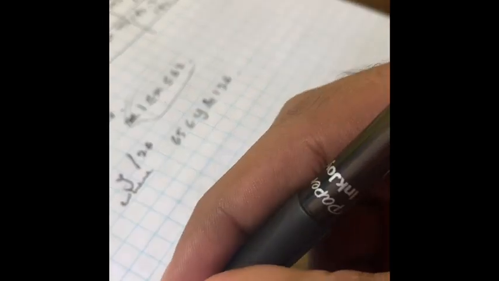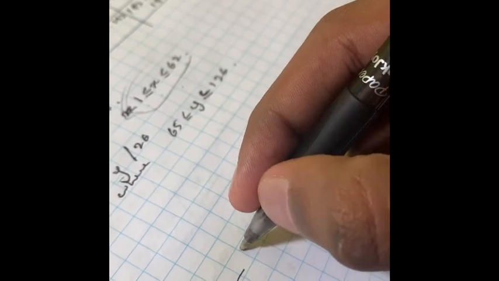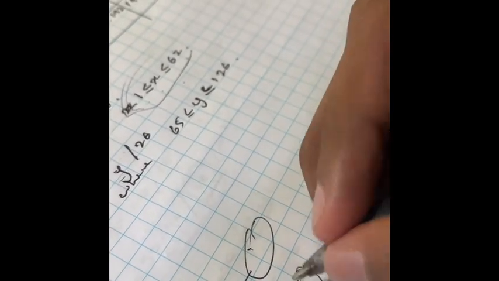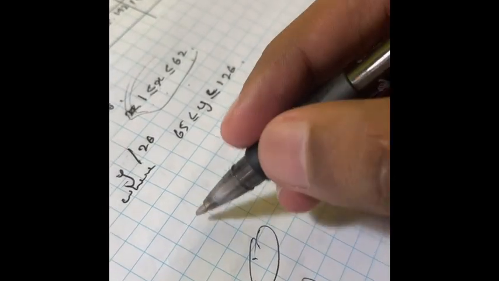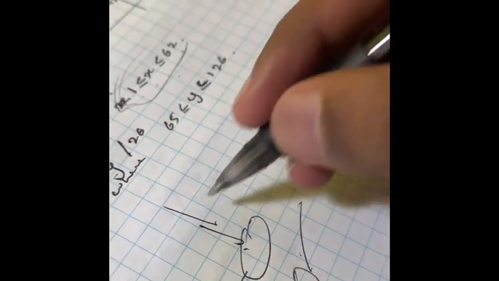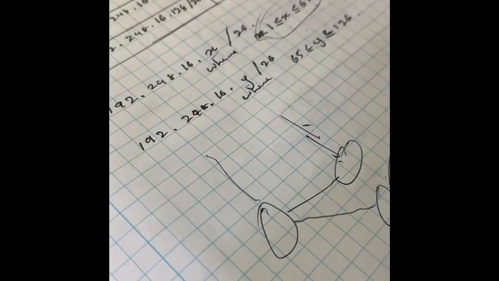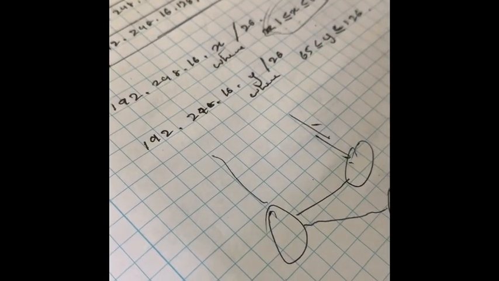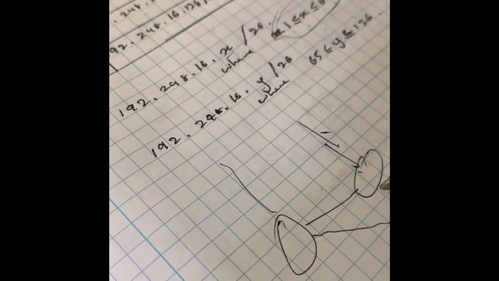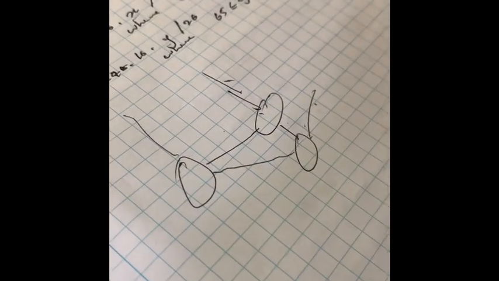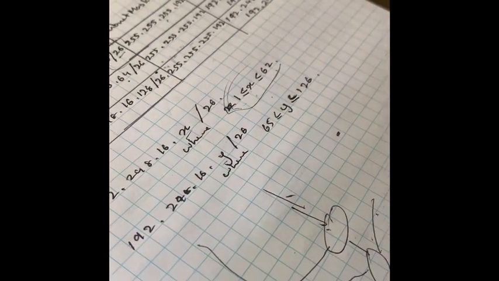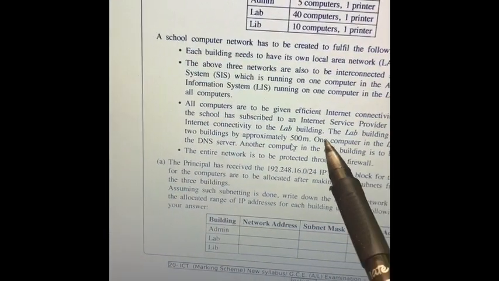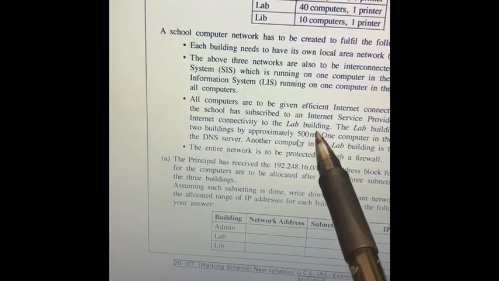Why does the administrative building and library building need to be connected through the lab to the internet? Why can't internet be given to all three buildings and connect all three networks together? The one problem is we know that in the question it says that the lab building is approximately 500 meters apart.